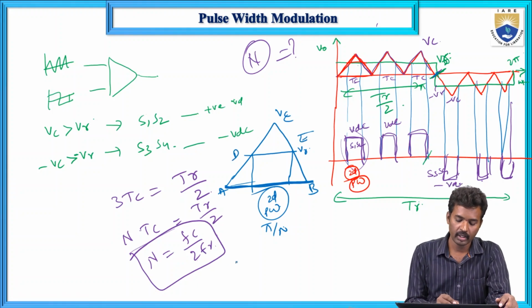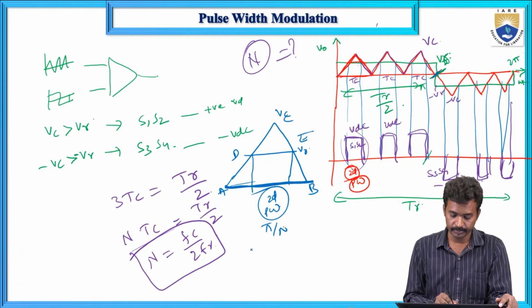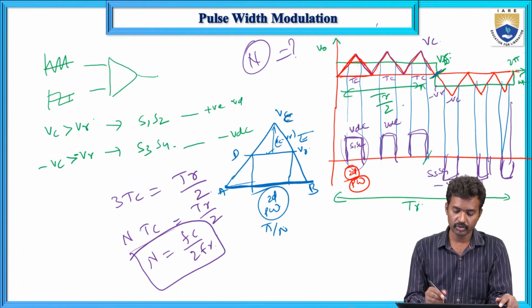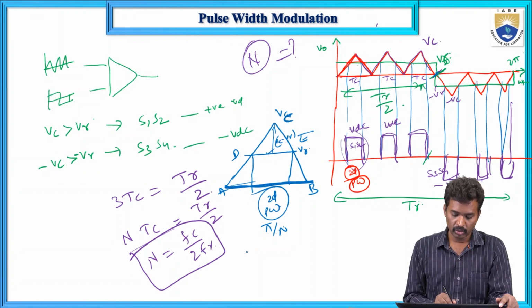Let me write here. This length is VC minus VR. Now here A, B, C, and this is D, E, F. So now CF divided by this length.